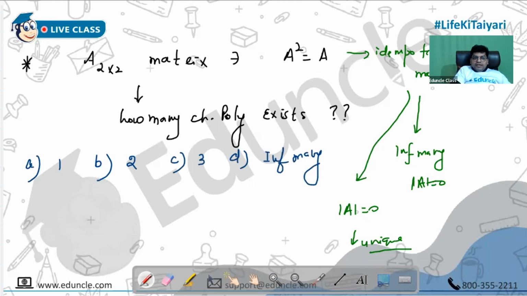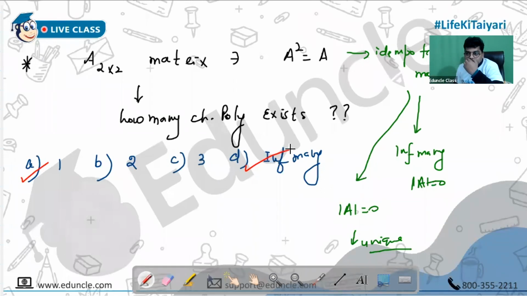So in most cases students write down either this or this option. Yes or no? Because infinitely many matrices of 2 cross 2 exist, it means the characteristic polynomials are infinitely many. Yes or no? Yes, some students think the characteristic polynomial of a given matrix is unique.